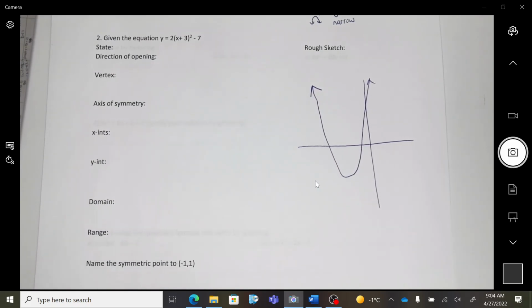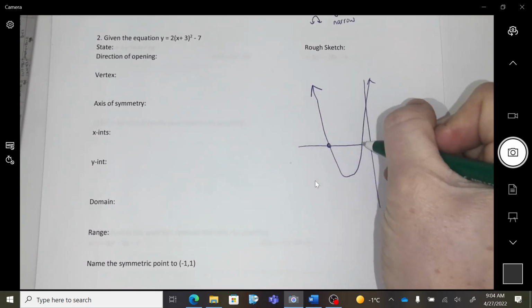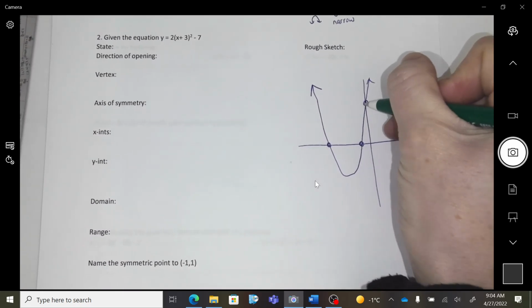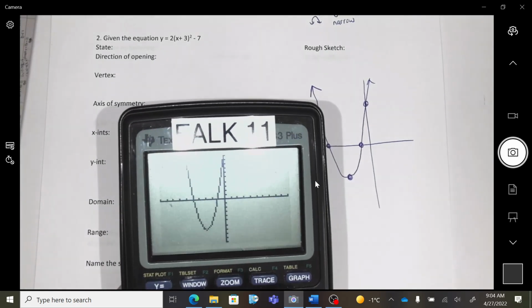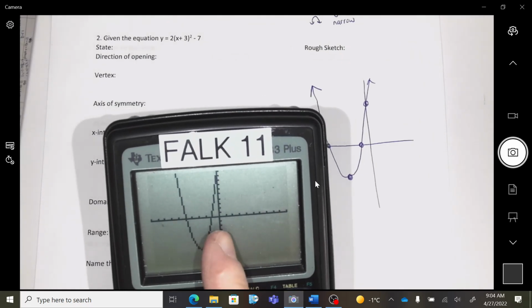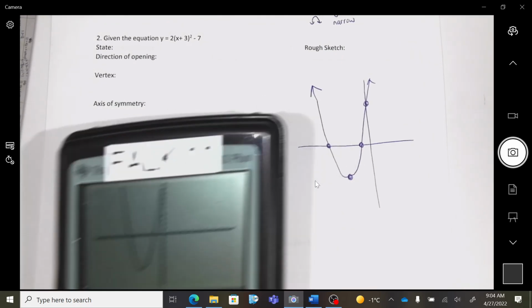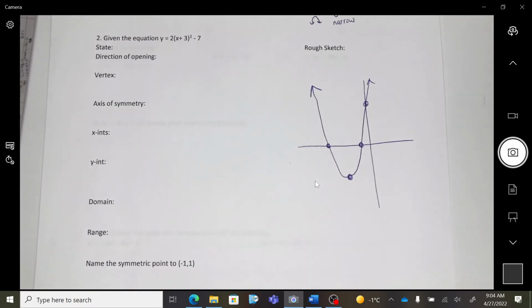Okay, when you draw your rough sketch, can you make sure your x-intercepts, y-intercepts, and vertex are kind of where they seem on your graph? So obviously my x-intercepts are both negative, so I showed you that they're both negative on my graph, right?